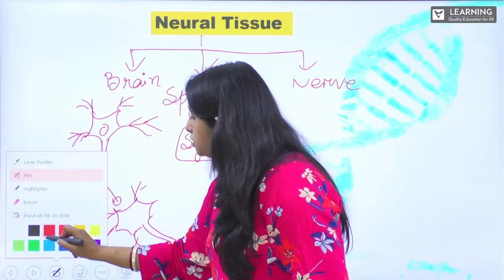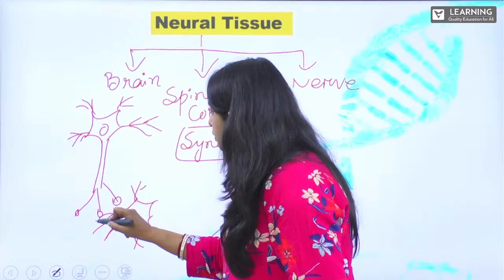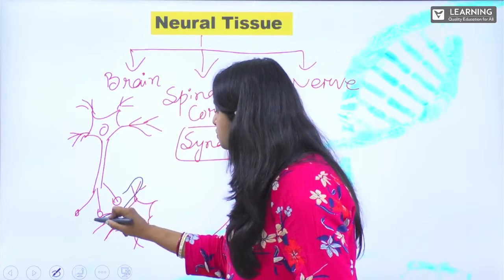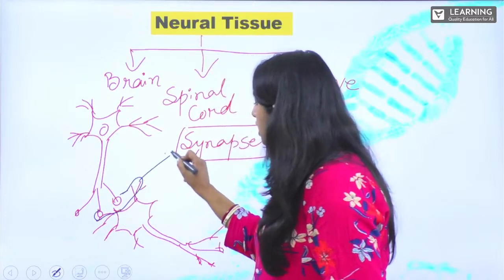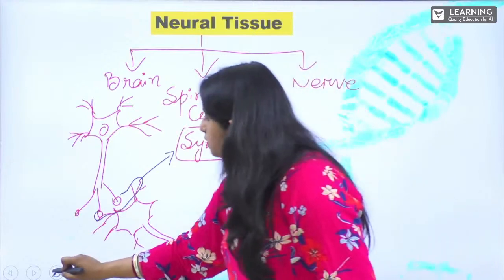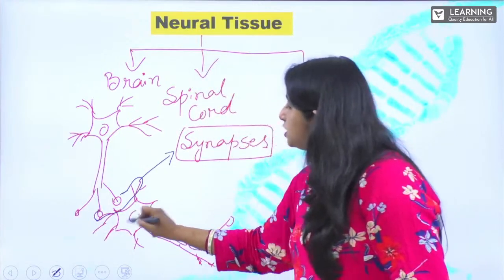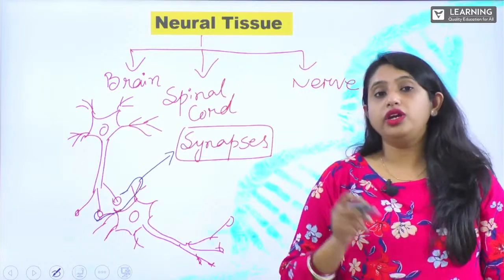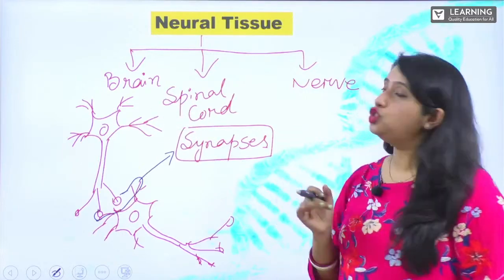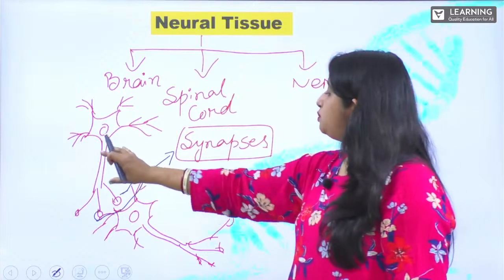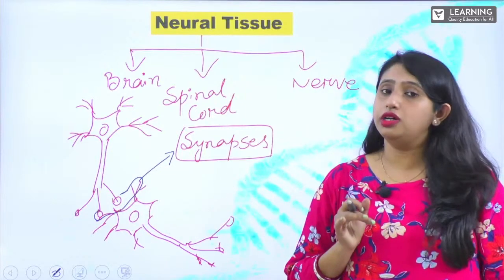The joining which is taking place between 2 nerves is known as synapses. So synapses is nothing but the junction where the 2 nerve cells join. Is that clear?